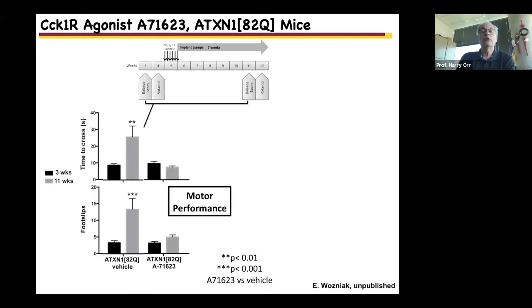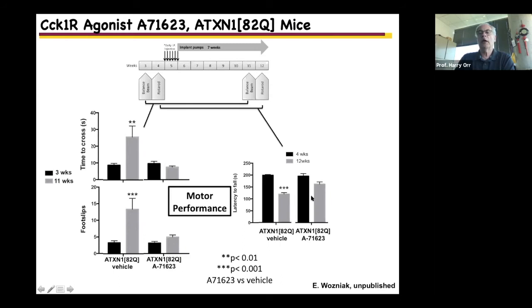We then moved on to do a similar experiment in the ataxin-1 82Q transgenic mice using basically the same paradigm. We did add the beam cross to our motor performance. And here you can see that in vehicle-treated animals at 11 weeks versus 3 weeks, there is an increase in deficit in motor performance, seen as an increase in time to cross or foot slips on the balance beam. Animals receiving the agonist did not show this deficit in motor performance.